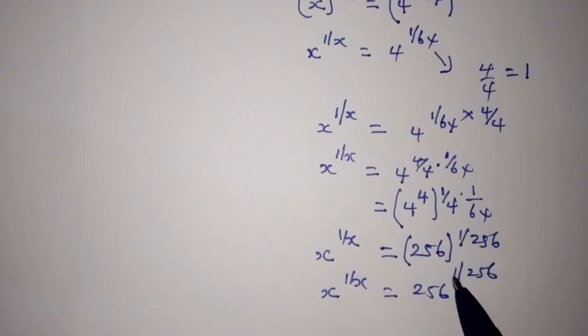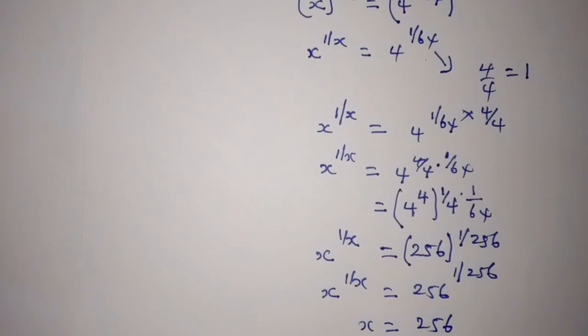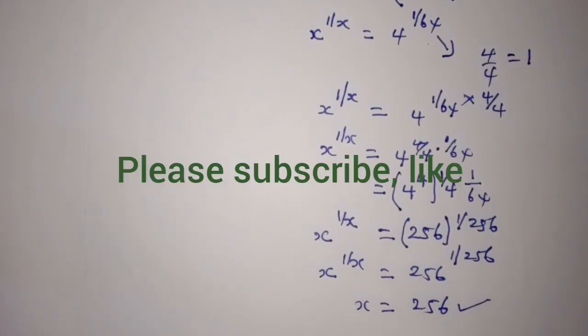So 1 is equal to 1, and our base x is 256. So from here we can say that x is equal to 256, and this is our final answer.